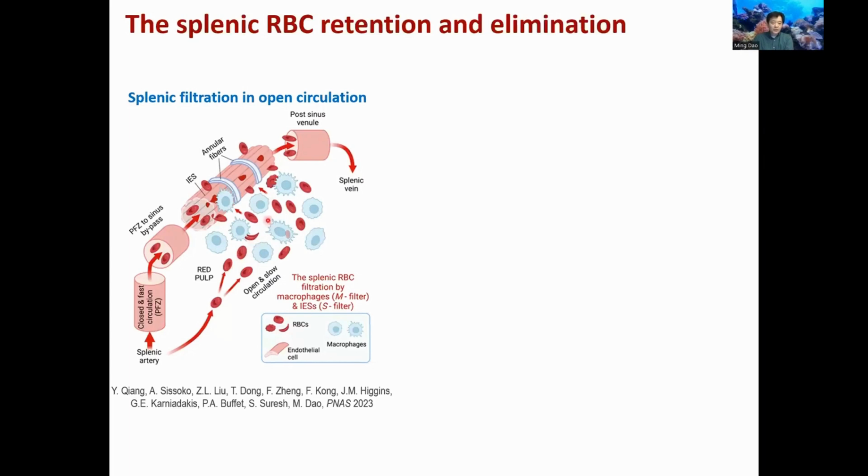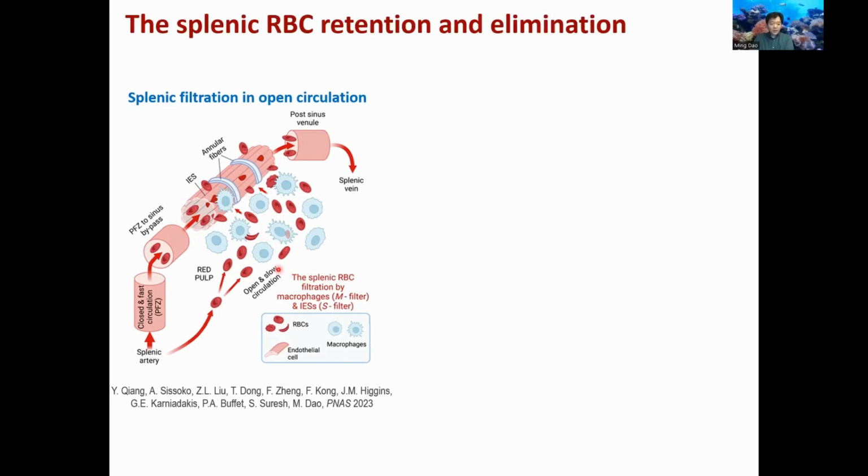These old cells can be taken out by these macrophages. On the other hand, the spleen slits, or interendothelial slits, IES, these small slits can mechanically challenge these red cells. If they're stiff, then they cannot go past. They will be retained and blocked. And these blocked cells will also eventually be eaten up by these macrophages.